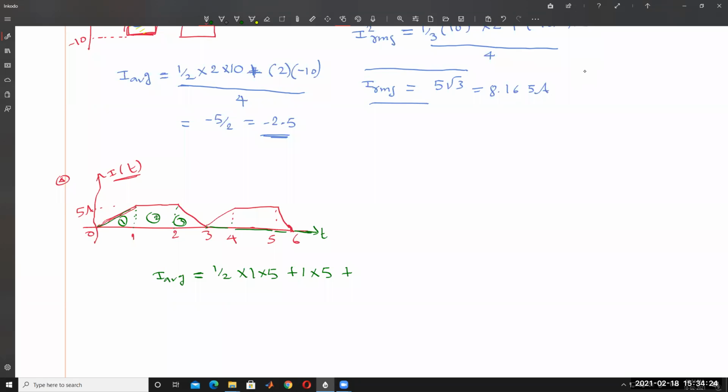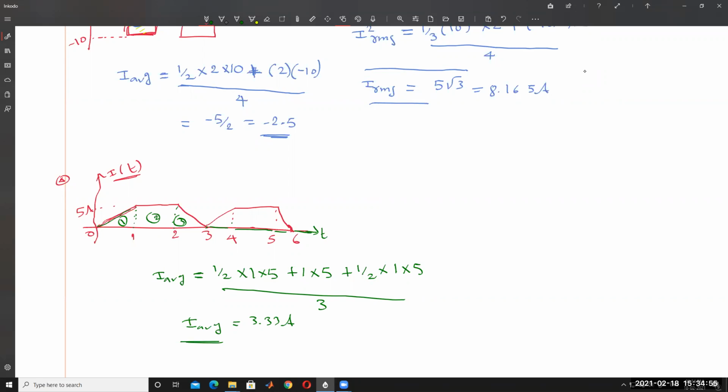Then the third triangular wave, same: half into length 1 into height, the same 5 amps. Divided by the total time period, which is 3. It's clear. Then you will get the answer 10 by 3, approximately 3.33. This is called I average.